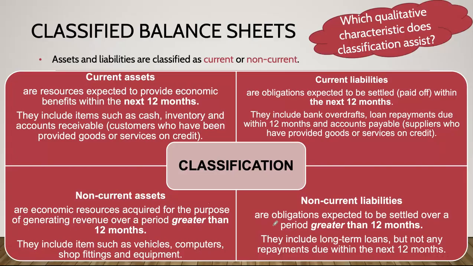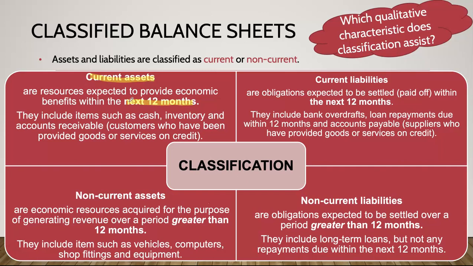So what are our categories? You might remember them. We are talking about current assets, current liabilities, non-current assets, and non-current liabilities. Current assets are assets that are expected to provide economic benefit within 12 months.